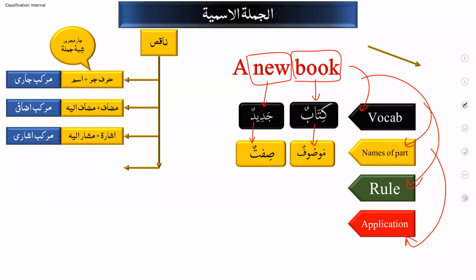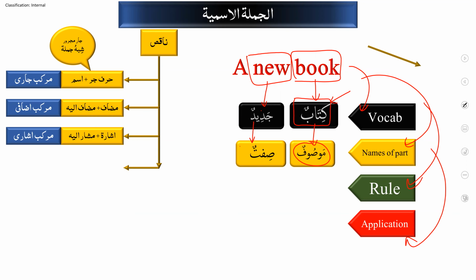So always remember that mawsufun can be a thing, it can be a man, it can be some particle, because this adjective is not a subject, it is an explanation, but we need to bring something which can get some adjective. So mawsufun, in the sequence in Arabic.